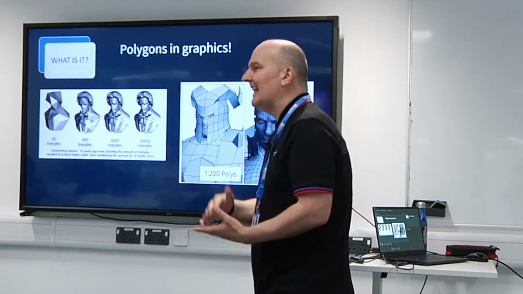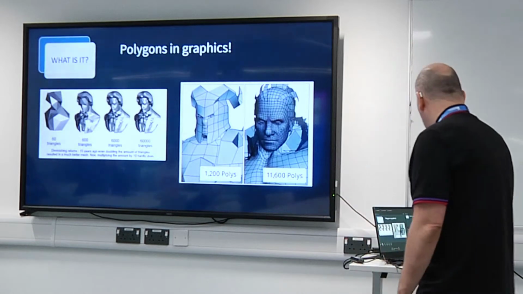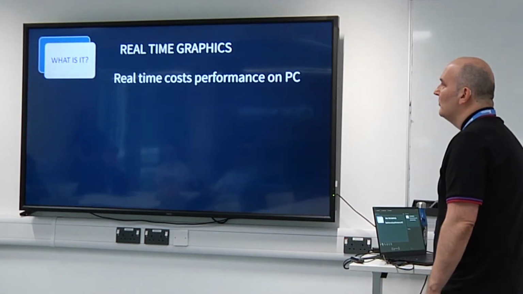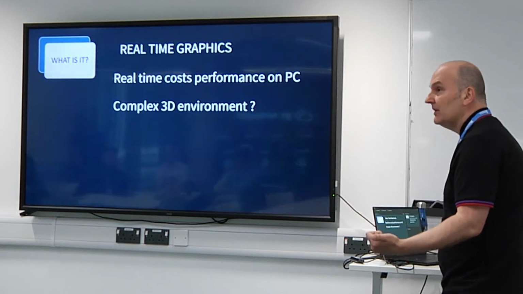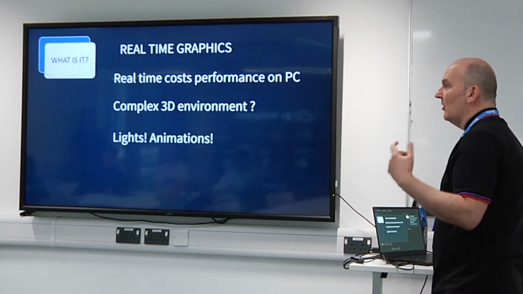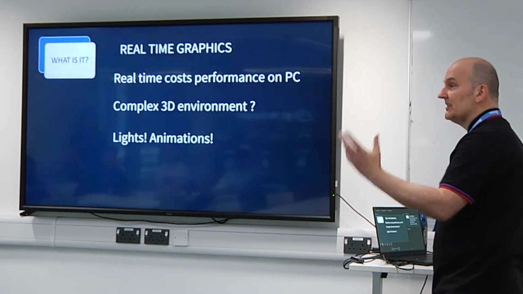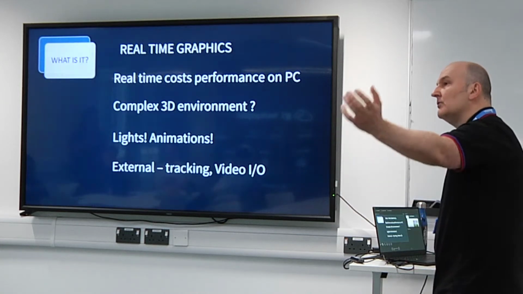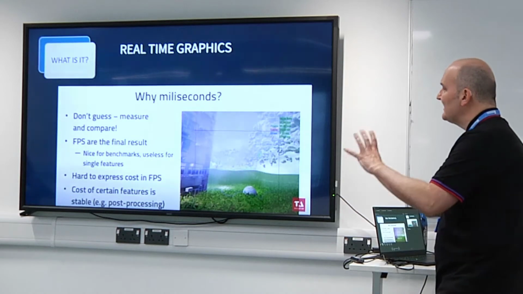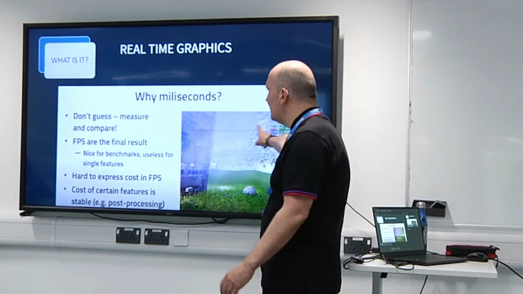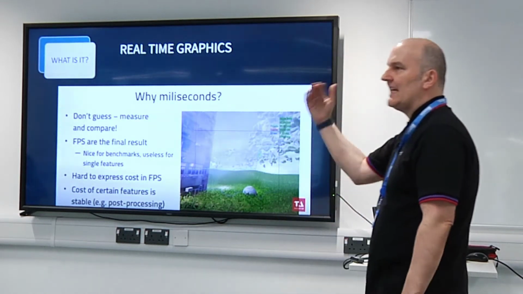So for your computer power, if you're doing real time, you have to make sure you've got enough performance to render. Real time costs performance on a PC, if it's a complex 3D environment with plenty of lights, animations, things changing in the graphics, and external tracking systems or video input and output. So we carefully measure how many frames per second everything is running at.